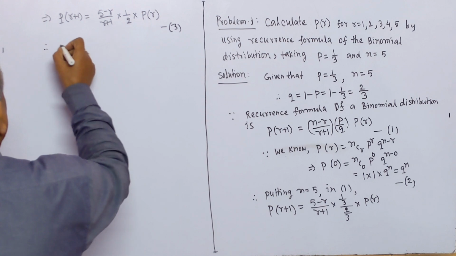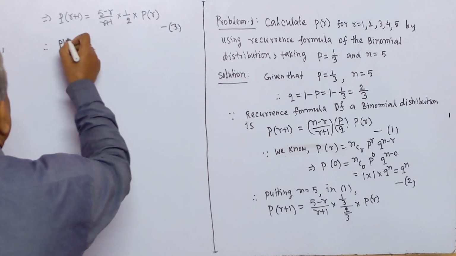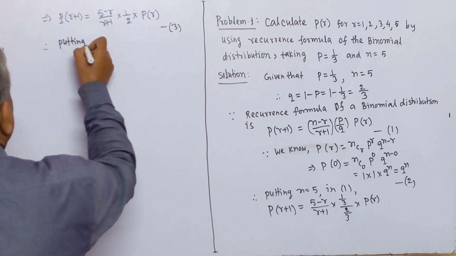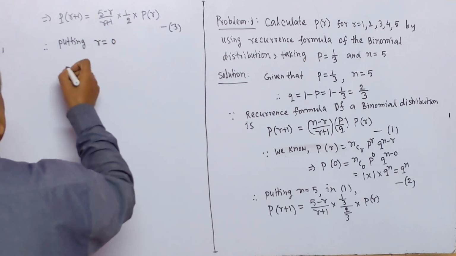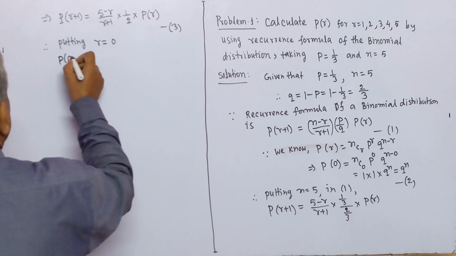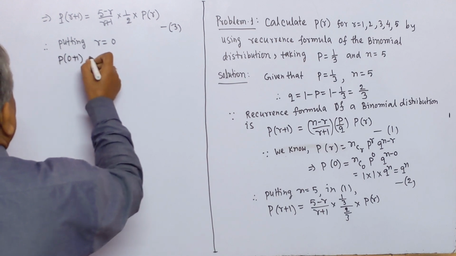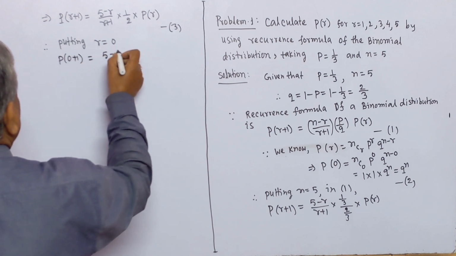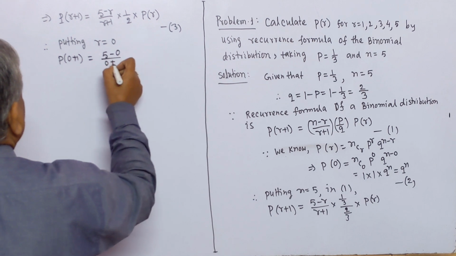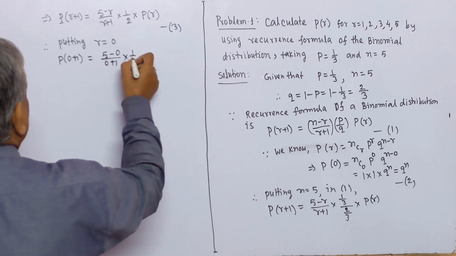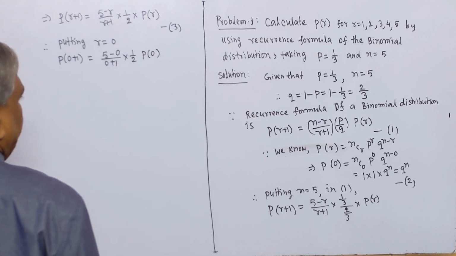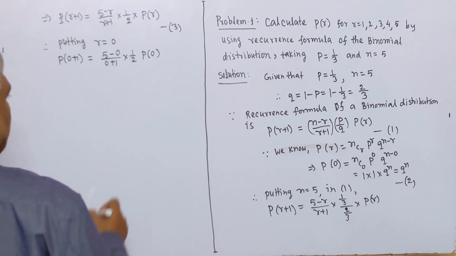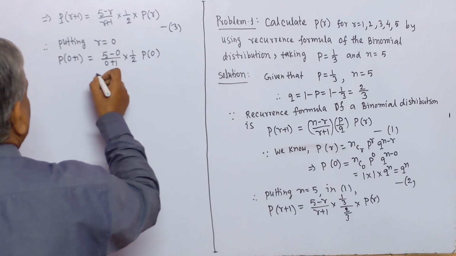Therefore, putting r equal to 0, we get P(0 plus 1) equal to (5 minus 0) by (0 plus 1) multiply half P0, and P0 is q to the power n.